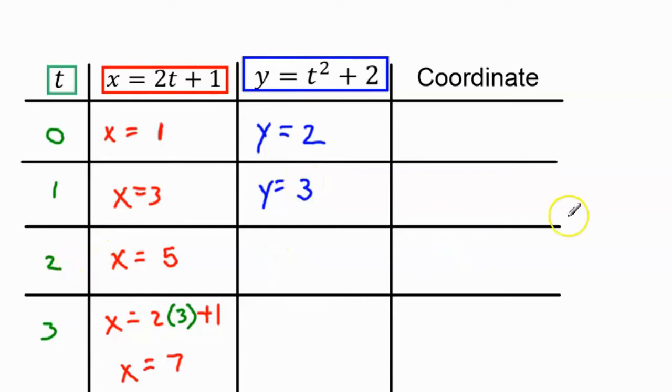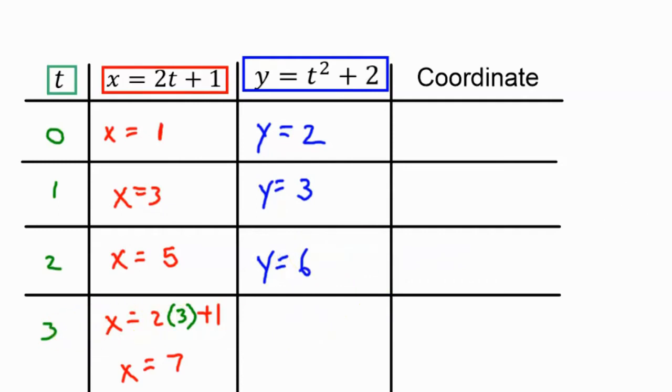So on this next one, t equals 2. So how's it going to work out? Well, we're going to do the same thing. We're going to say y equals, instead of t squared, it's going to be 2 squared plus 2. And 2 squared is 4. 4 plus 2 is 6. So we'll have here y equals 6.